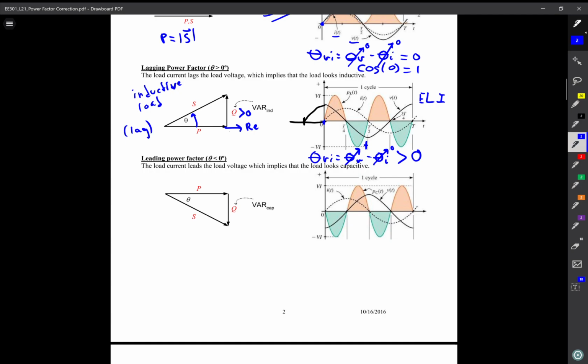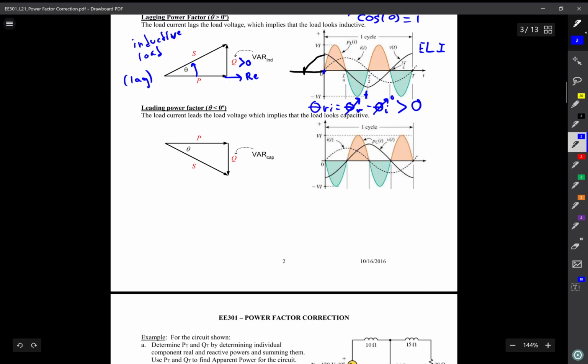Okay. The last one shows the current I, starting at 0, is leading the voltage in a capacitive load. So I'm going to call this a capacitive load.